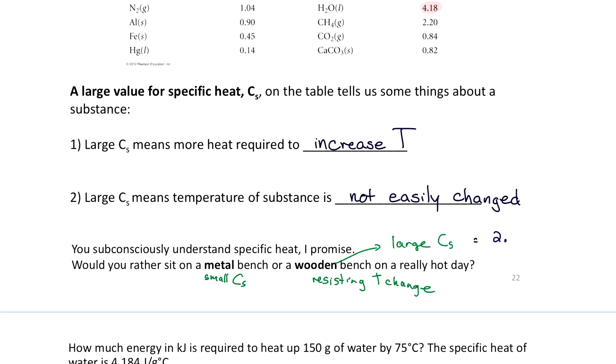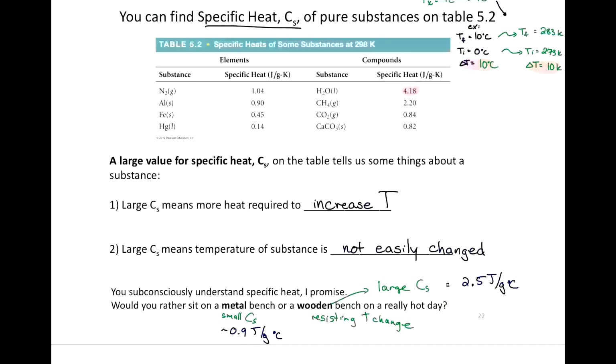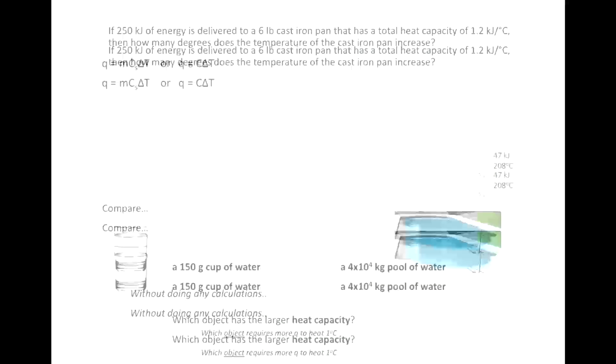I wrote it down: 2.5 joules per gram degree Celsius, and then metal is about 0.9 joules per gram degree Celsius. So yes, we see that wood does in fact have a larger specific heat. Okay, a couple more.